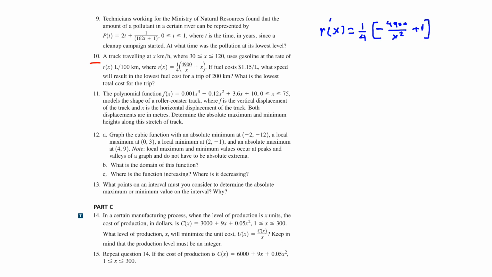If we set R prime of x equal to 0, 4,900 divided by x squared would be 1. x squared equals 4,900, x equals plus or minus 70. Therefore, x equals 70, because negative 70 is not possible.